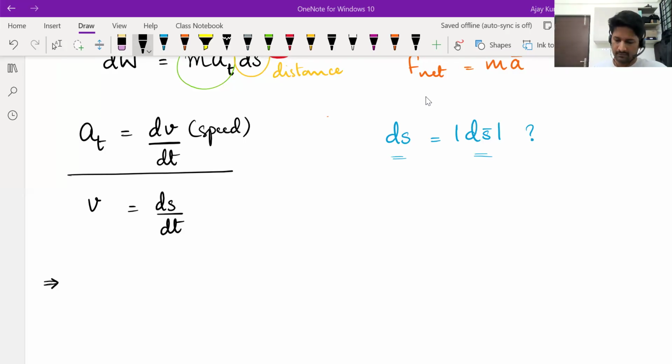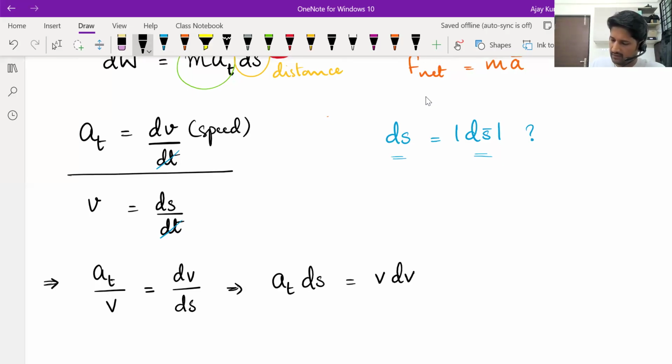Sir, a_t by v. a_t divided by v is equal to, what terms will you have on the right-hand side? dv by ds. The dt will get cancelled. Correct. So a_t by v is equal to dv by ds. That means a_t multiplied with the distance ds can be written as v dv.